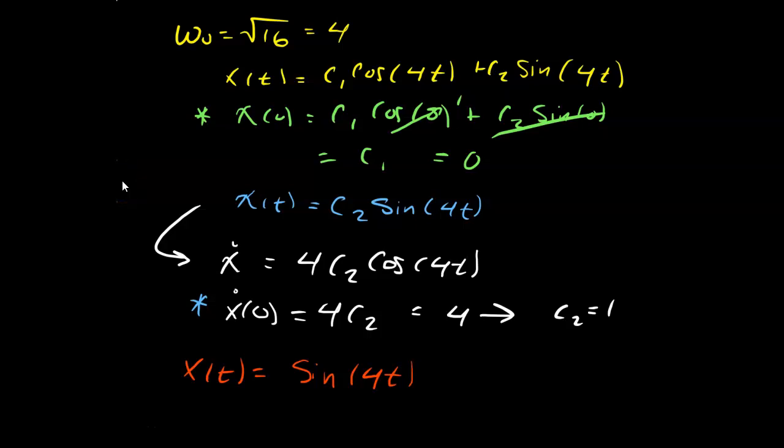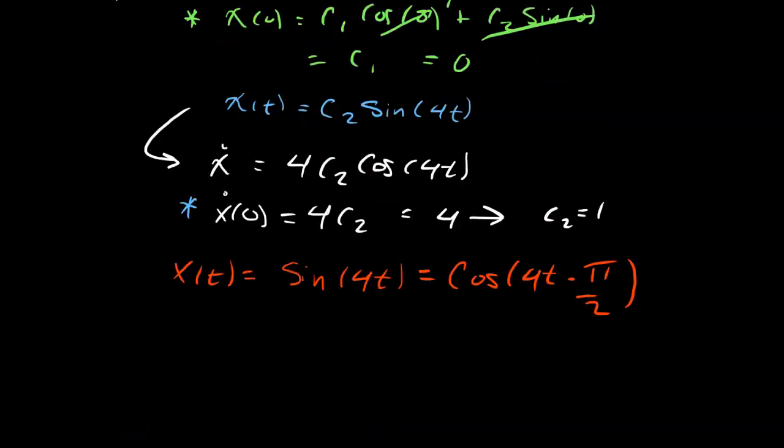So we can use a very simple trig identity to say, well, if I want to change the sine to a cosine, they're complements of each other, so we just subtract off pi halves. Alright, once we have this form, we're ready to answer all of our questions.